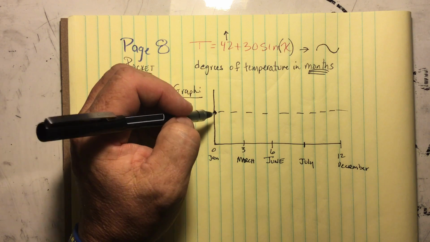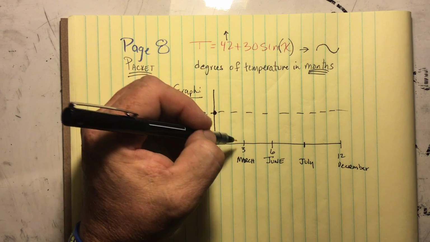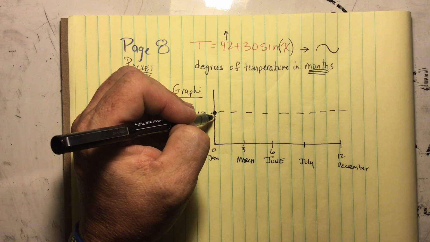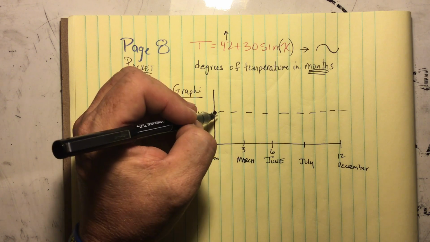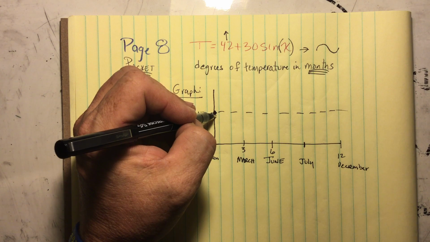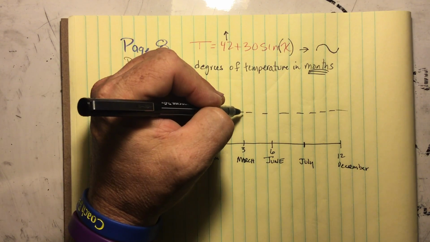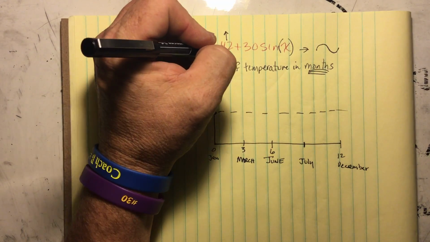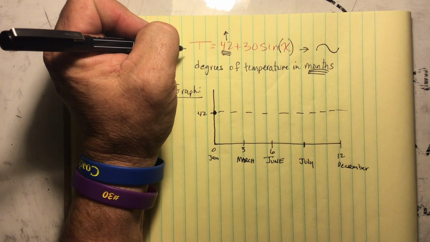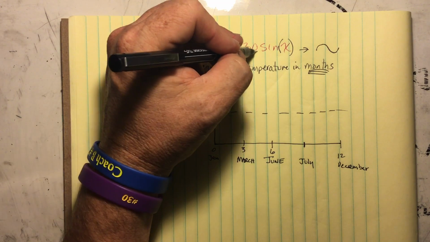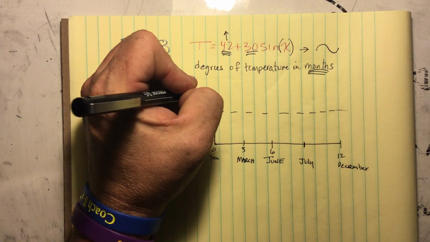Let's call it that. So if we look at this, we know I've got 5 main points, and then my highest point of the graph is going to be here, which is going to be the vertical shift plus the amplitude. So that's going to be 72.